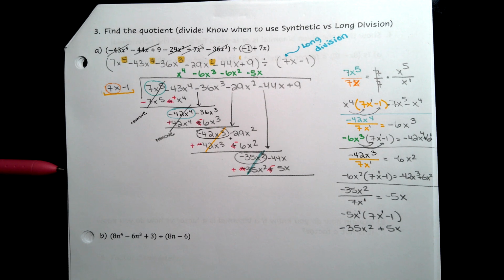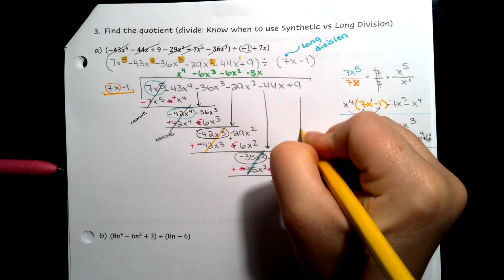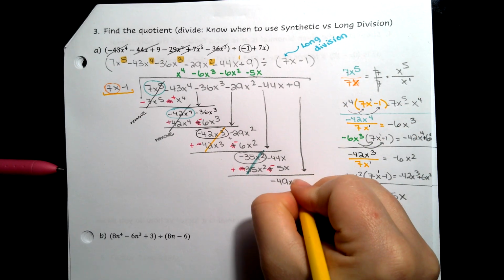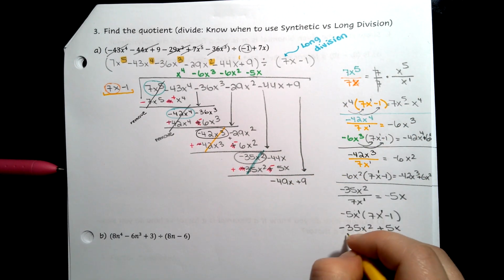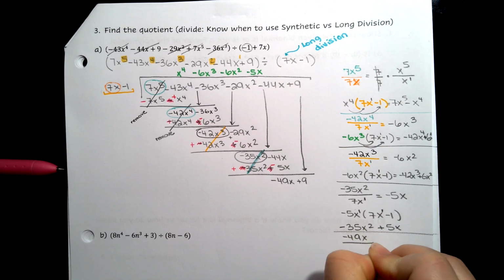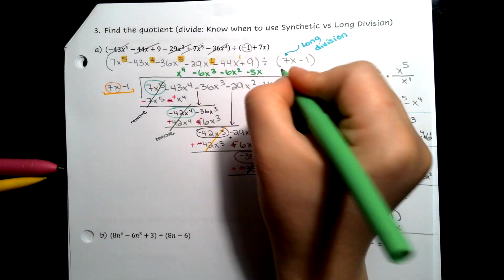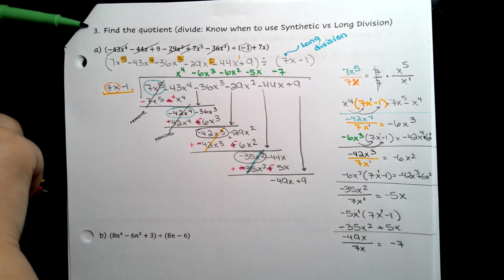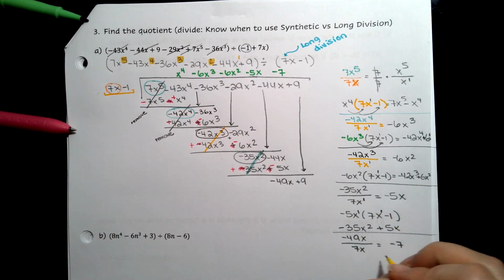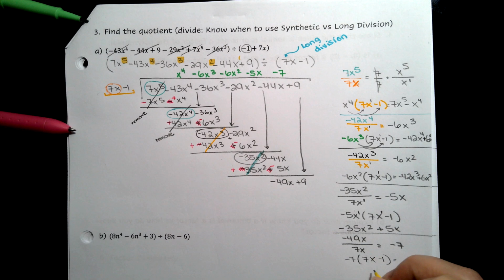Negative 44 and, so plus negative 5. We get a negative 49. Bring down our next term. And we're doing that one more time. So we get negative 49x.